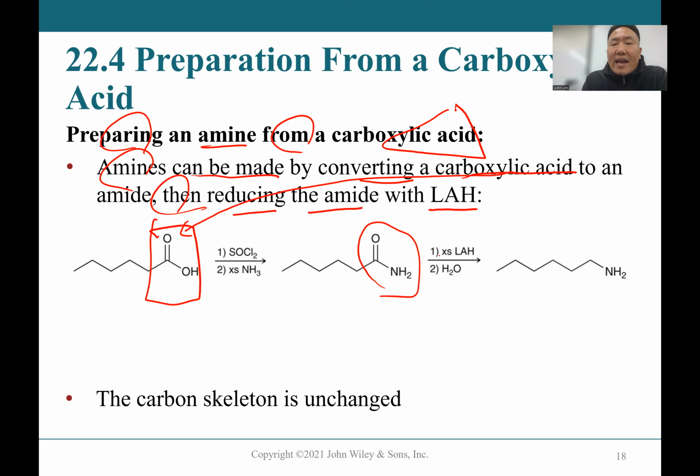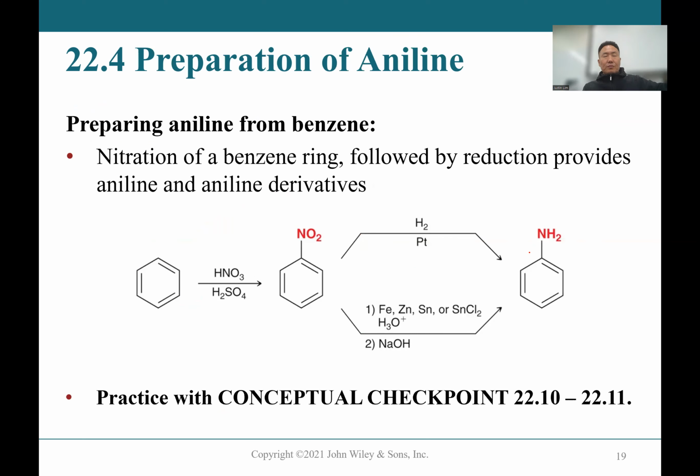So when you use excess lithium aluminum hydride, and as the second step water, you can get the amine. The carbon skeleton is unchanged. So 1, 2, 3, 4, 5, 6 carbons. After reaction, 1, 2, 3, 4, 5, 6 carbons. It's the same.